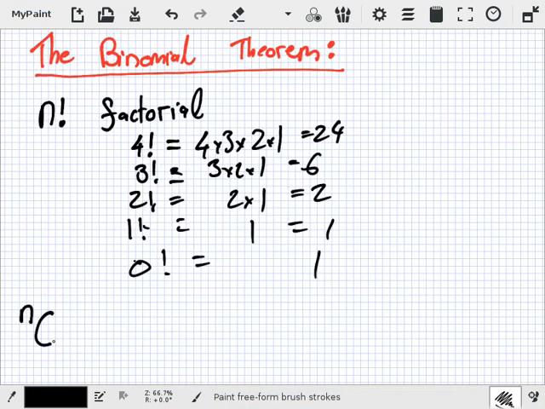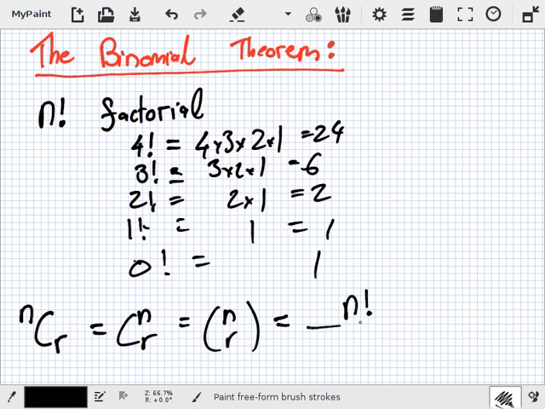It's written like this. Sometimes people write it like this, and in fact, even sometimes people write it like this. It all means the same thing. So for example, here it would be n factorial over r factorial, n minus r factorial.